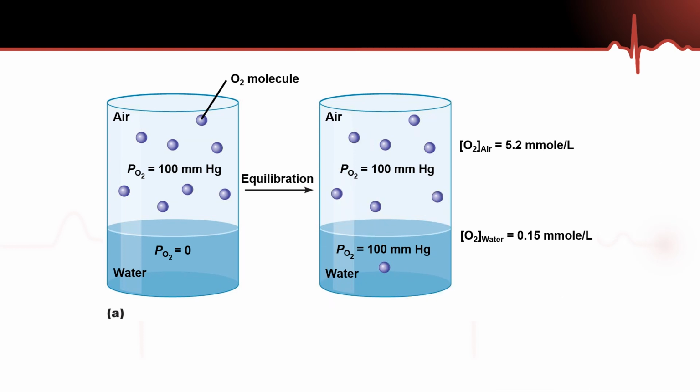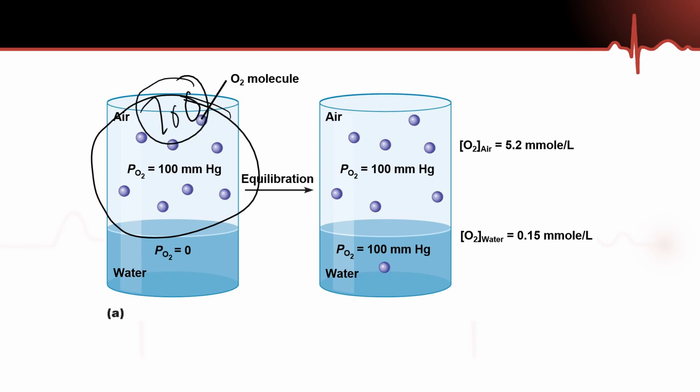So here's what's going to happen. You've got this air that exists within the cylinder. Let's say the total pressure is 760. 13.5% of the air is made up of oxygen, so oxygen's partial pressure is 100 millimeters of mercury. Its partial contribution to the total air pressure is 100.